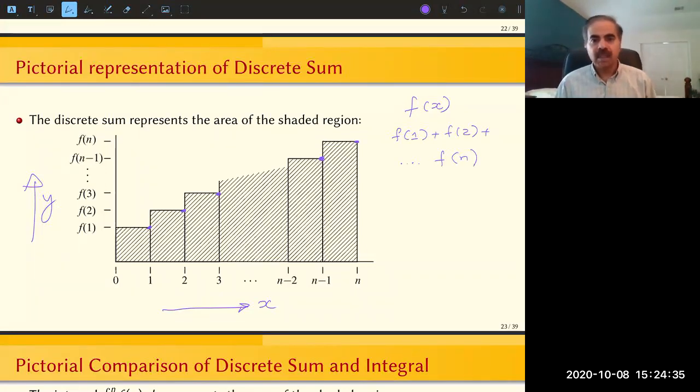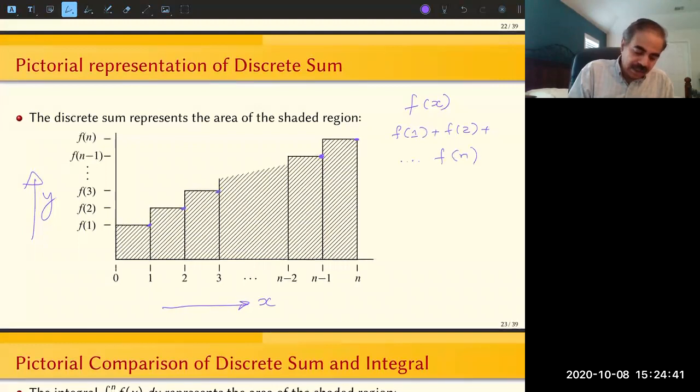What I want you to see is that each of these rectangles has a width of 1 unit, right? Because this is 0 to 1, 1 to 2. So all of these rectangles have a width of 1, and their height is f of i. The height of this rectangle is f of 1, the height of this one is f of 2, this one is f of 3.